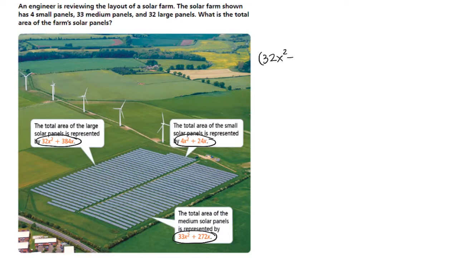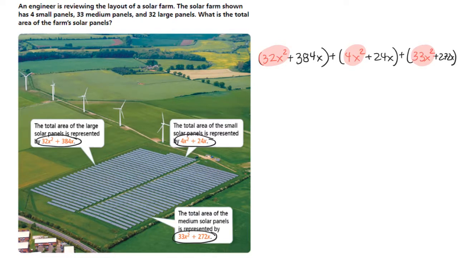So 32x squared plus 384x plus 4x squared plus 24x plus 33x squared plus 272x, getting a little squishy there. Since we're adding, it doesn't really matter if I have those parentheses there or not, but what we're looking for is combining like terms. So I have 32x squared, 4x squared, and 33x squared.